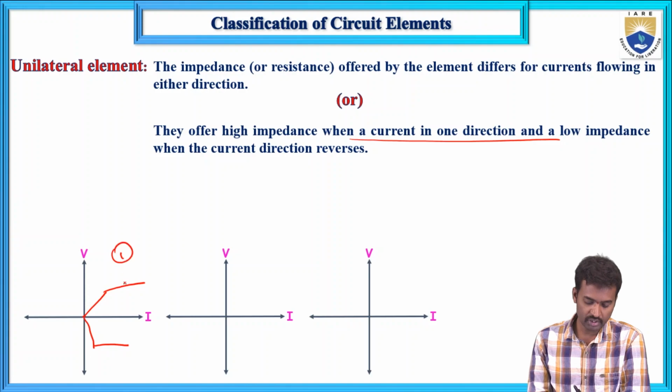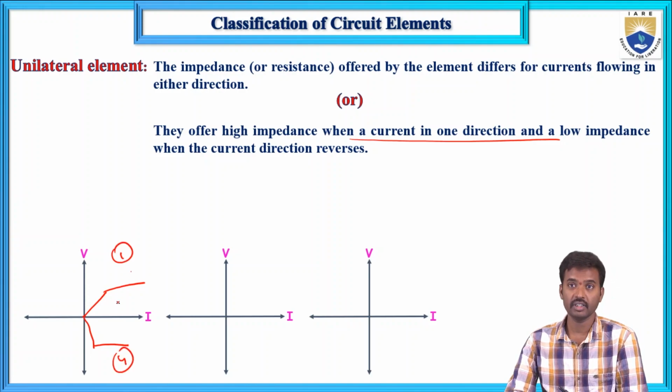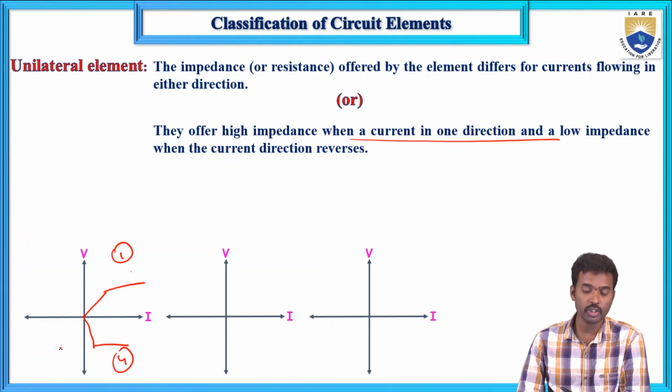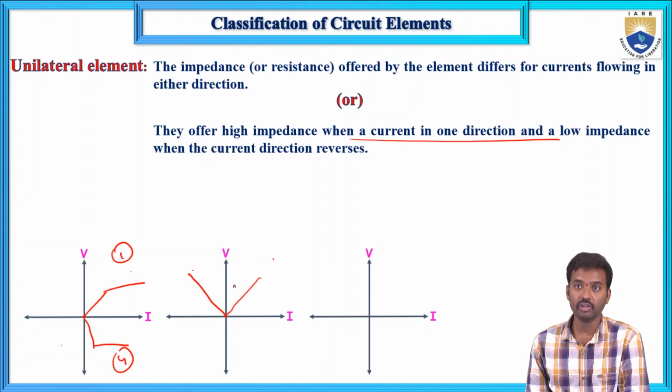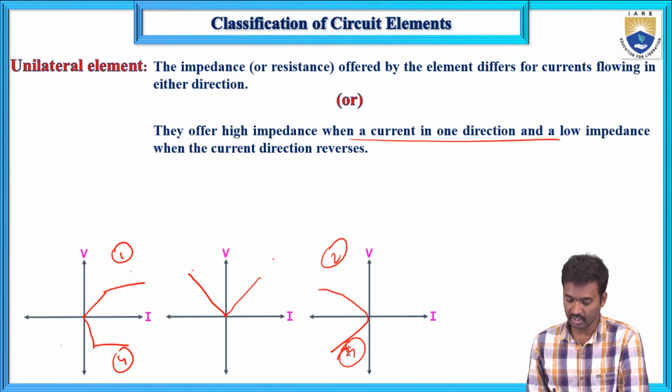First quadrant and fourth quadrant images are the same, but it is not a bilateral element, it is a unilateral element. First and third must be the same. Second and fourth must be the same.